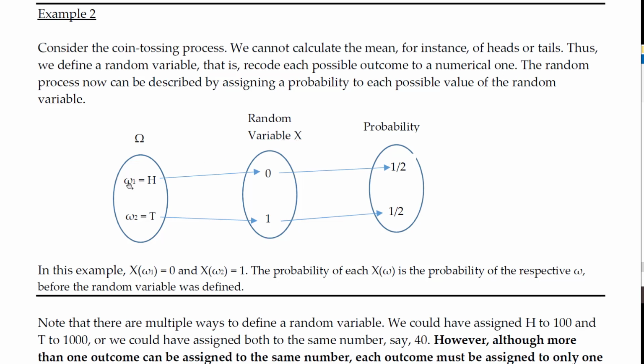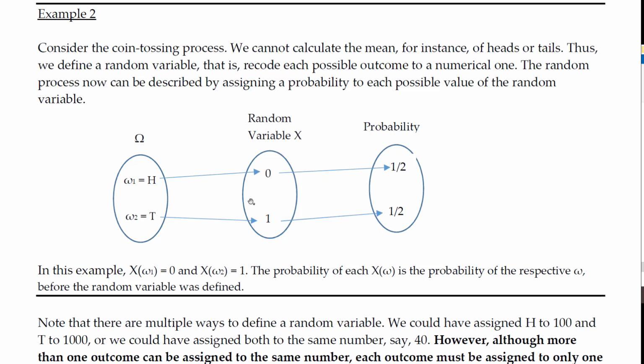I am assigning to my first possible outcome the number 0, and I am assigning to my second possible outcome 1. So now I recoded my outcomes so that they are numerical. A function can be thought of as a recoding process. I am recoding non-numerical outcomes to a numerical variable.